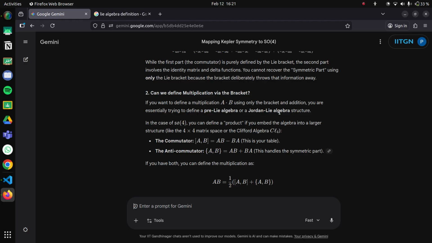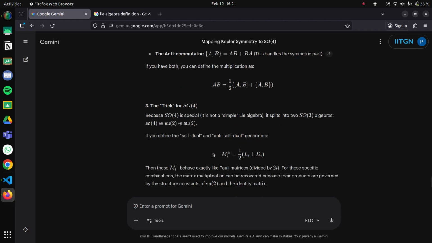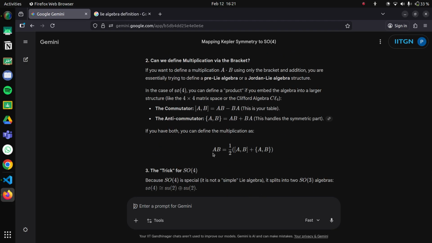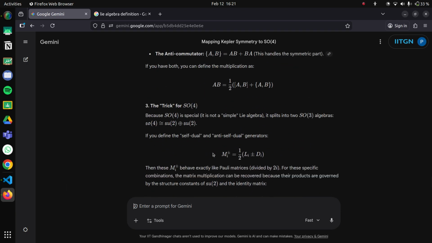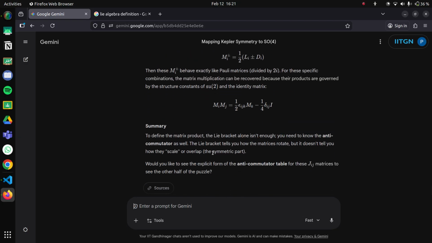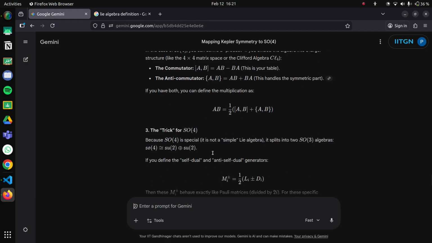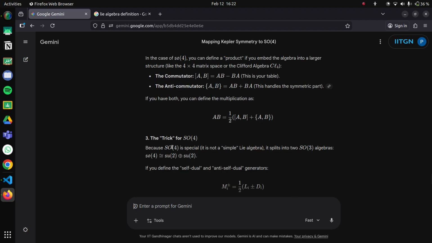Oh wait, I don't want this. What the hell is this thing? I don't want that at all. It's not a simple algebra, it splits into two. Wait, so capital SO4 is a group. It's a special orthogonal group. It's not the Lie algebra.